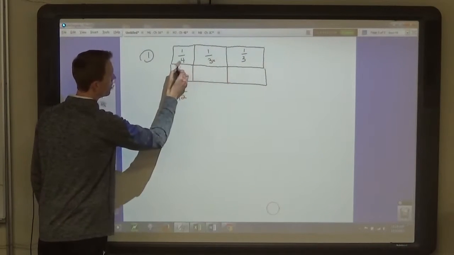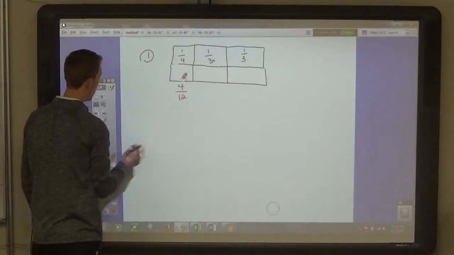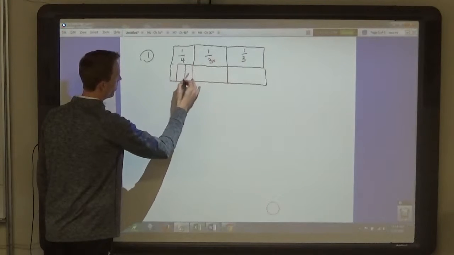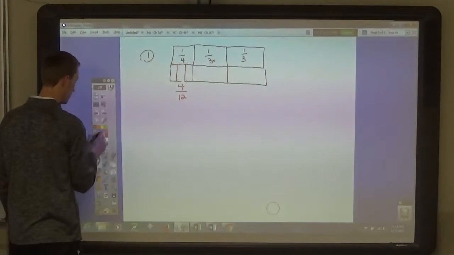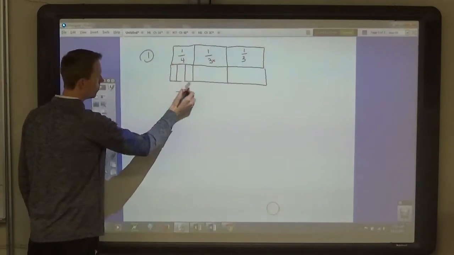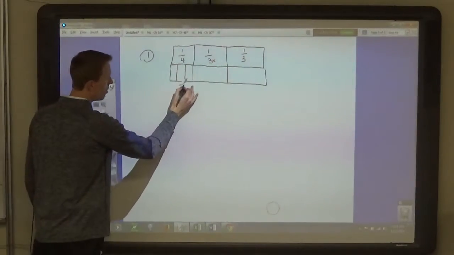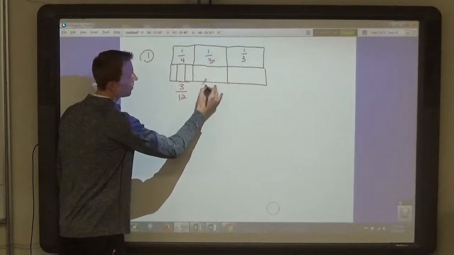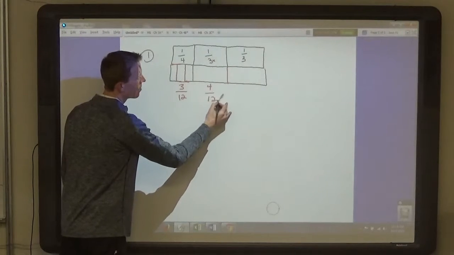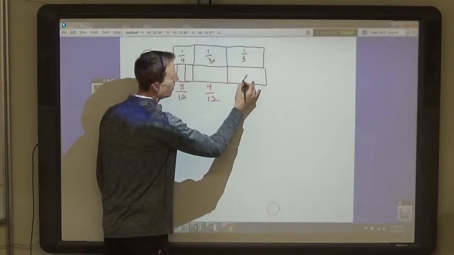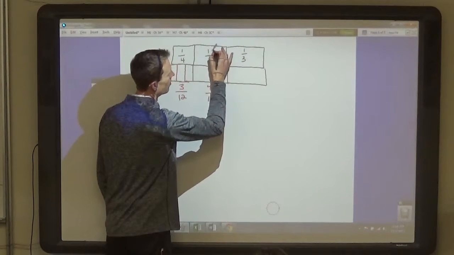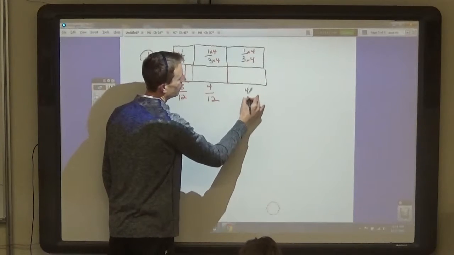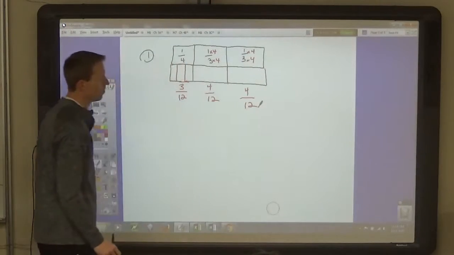These are 3/12, and those are 4/12 and 4/12.